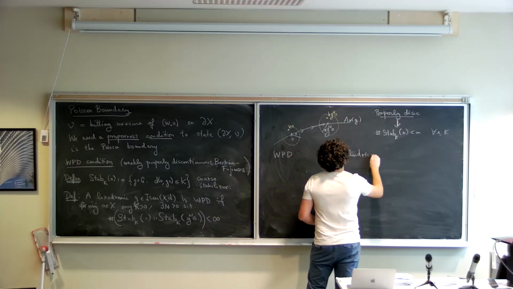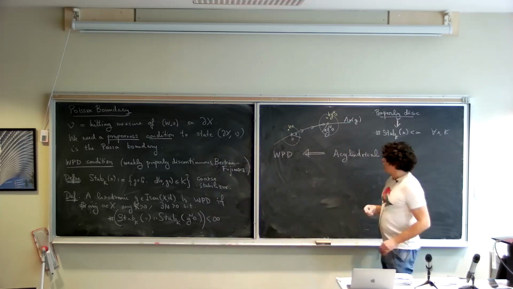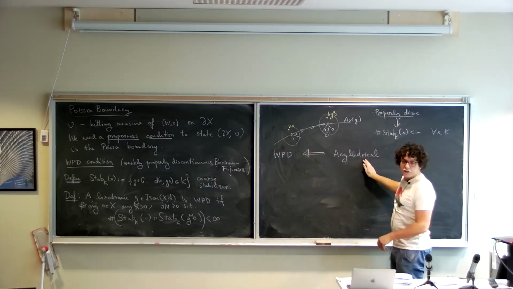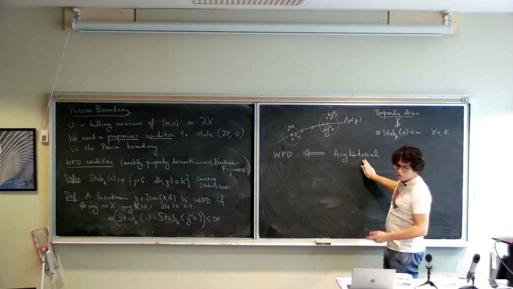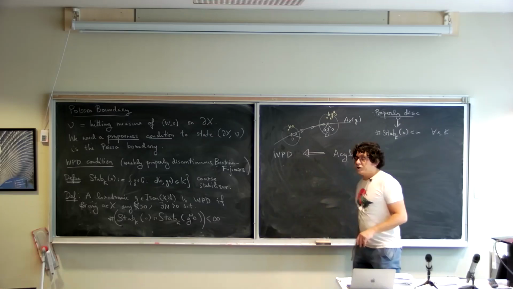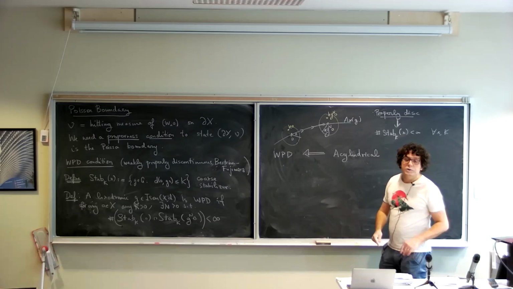Acylindrical is stronger than WPD. In fact, historically, we first proved it for acylindrical in the original paper with Joseph, and then more recently we upgraded to WPD. But for certain actions, we don't know acylindrical, so we know WPD.